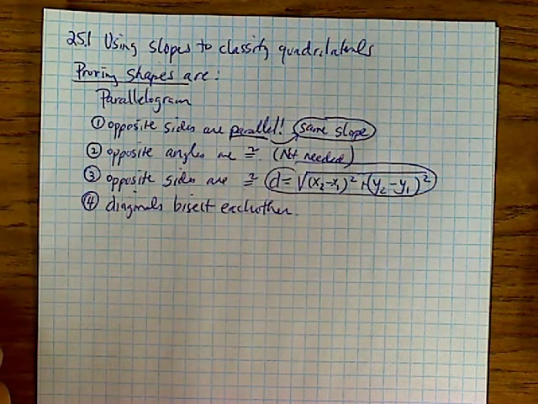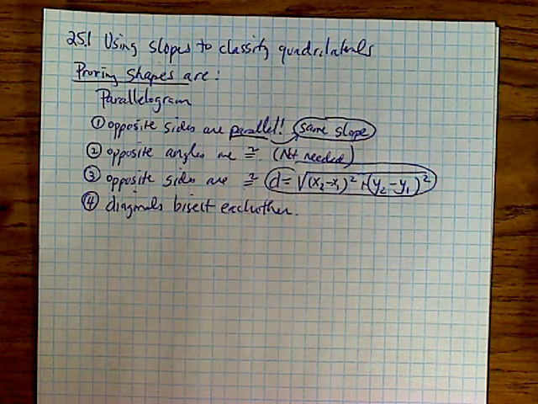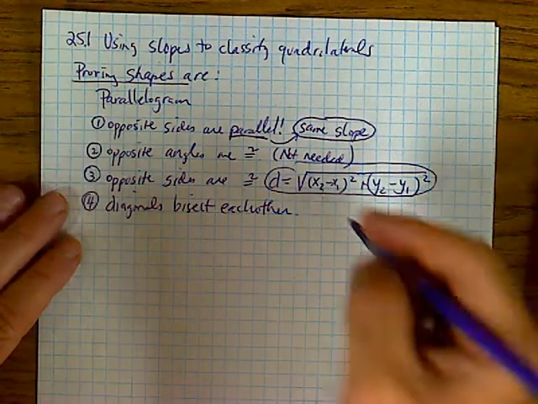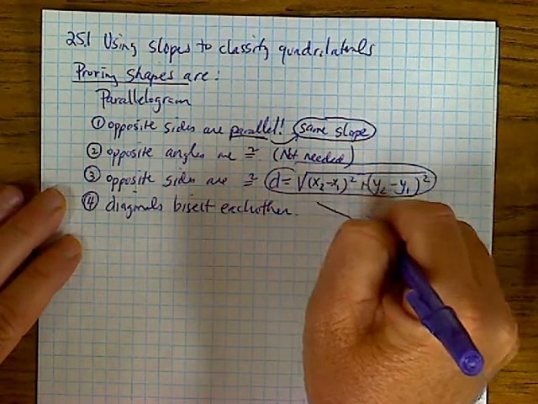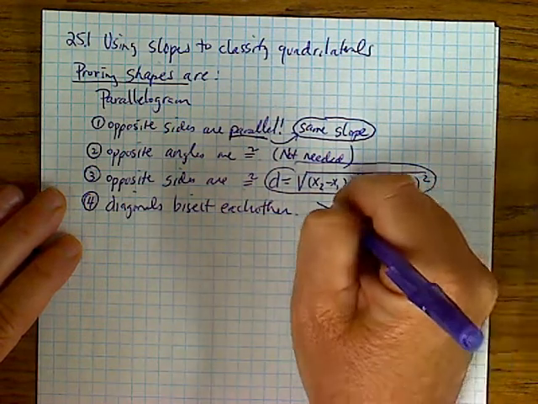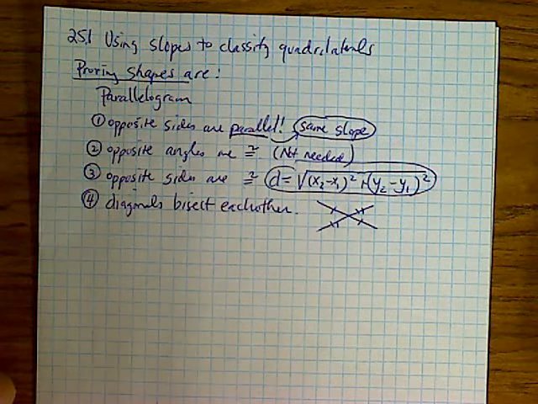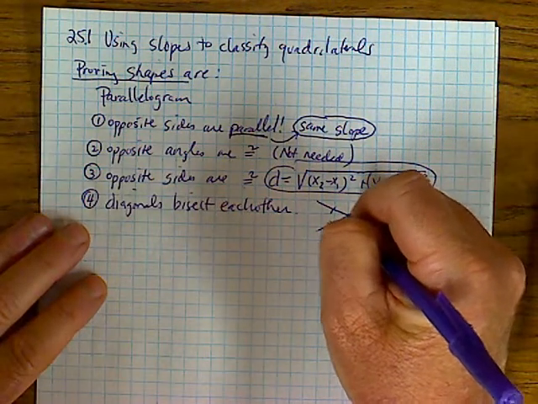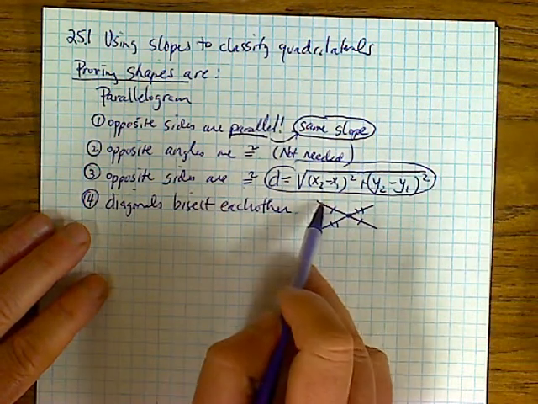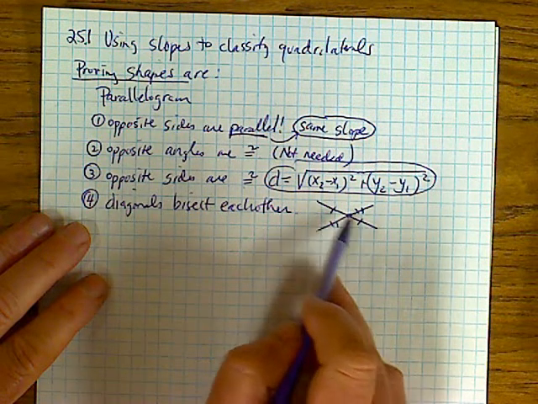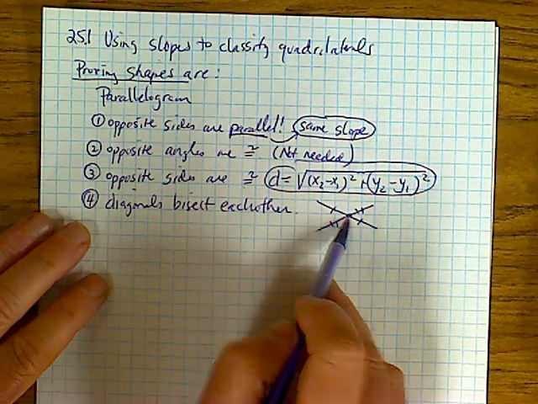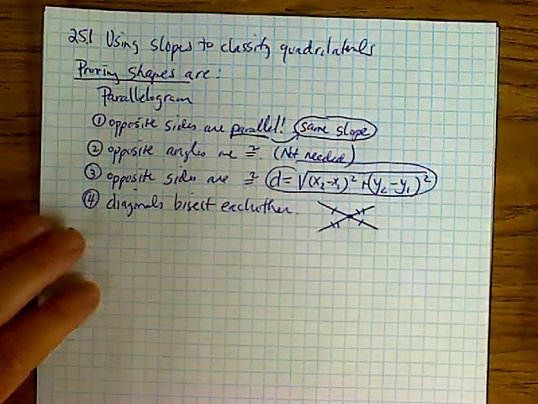Now, how am I going to be able to tell that two diagonals bisect each other? The idea would be that when I draw it, this would be congruent to this, and this would be congruent to that. What would be true is that they would have the same midpoint. This distance and this distance would be the same. So this midpoint would be the same as that midpoint.